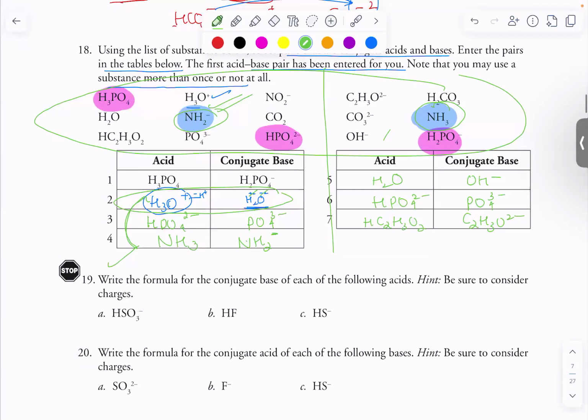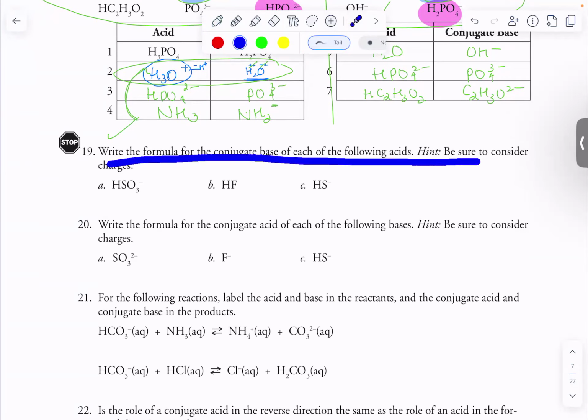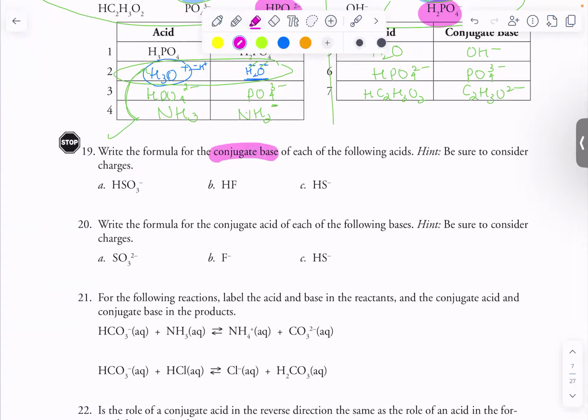Should we do 19th? Yes. All right. So write the formula for the conjugate base of each of the following acids and be sure to consider the charges. HCO3. So conjugate base. We need to write down the formula for the conjugate base.